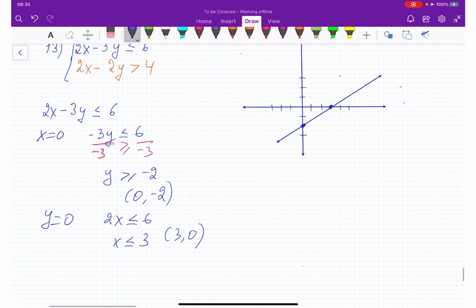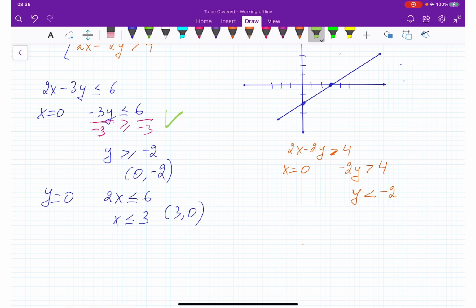Next, we are doing 2x minus 2y greater than 4. Pay attention, the equal sign is missing, therefore it's going to be dashes, right? So x is equal 0. We get negative 2y greater than 4, which means y will be less than negative 2, because when we divide, we flip the sign.